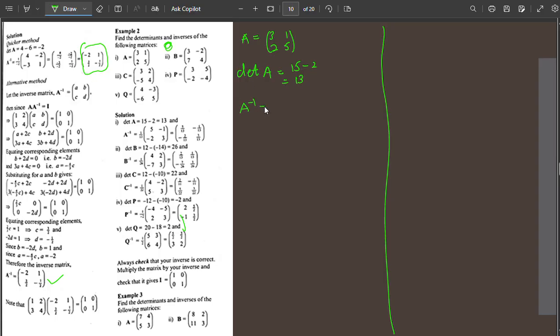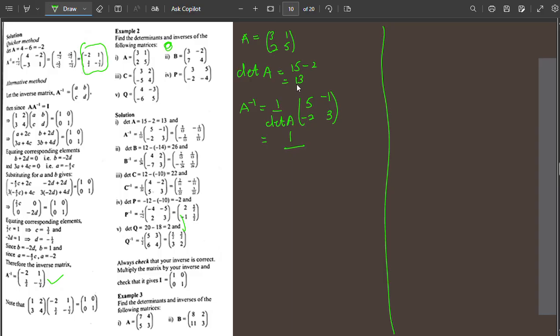A inverse is equal to 1 over the determinant of A multiplying the cofactor matrix. The cofactor matrix here would be 5, minus 1, minus 2, sorry, and then 3.